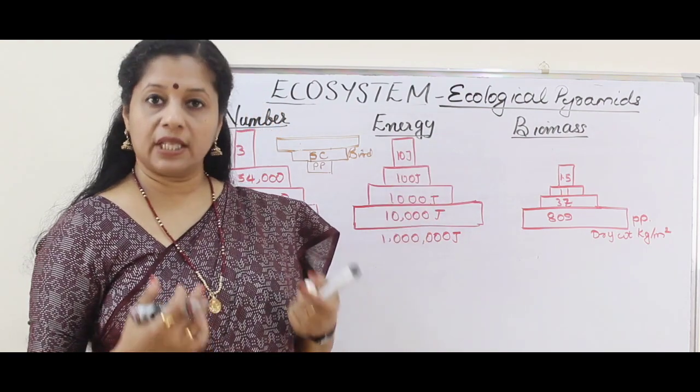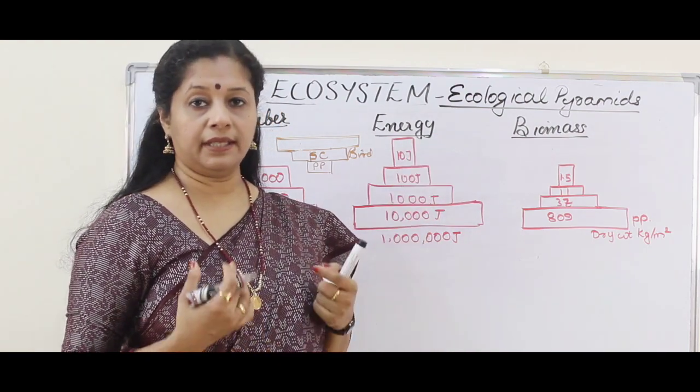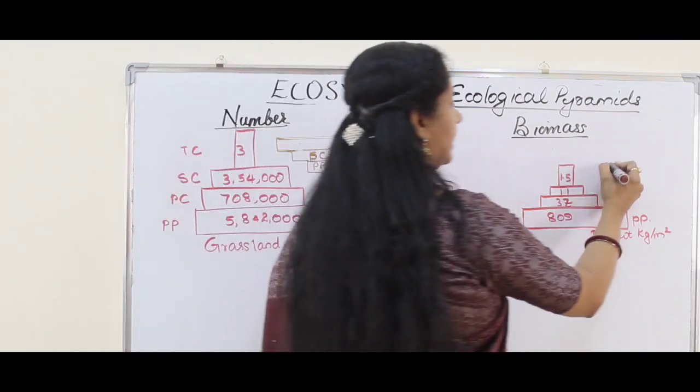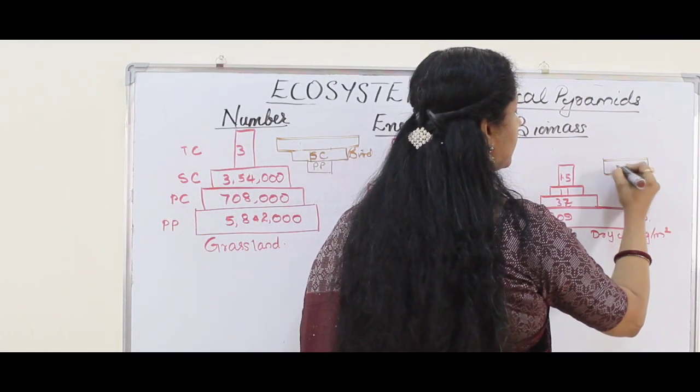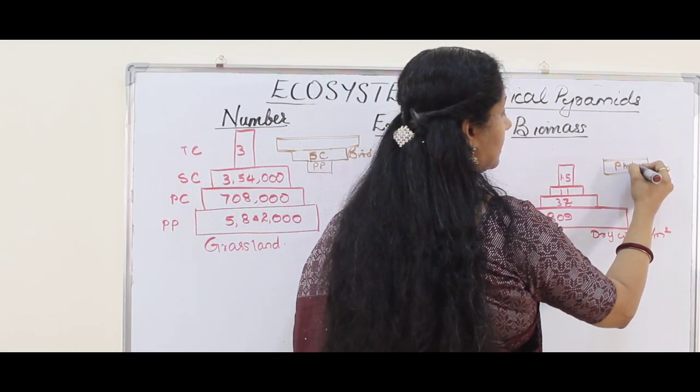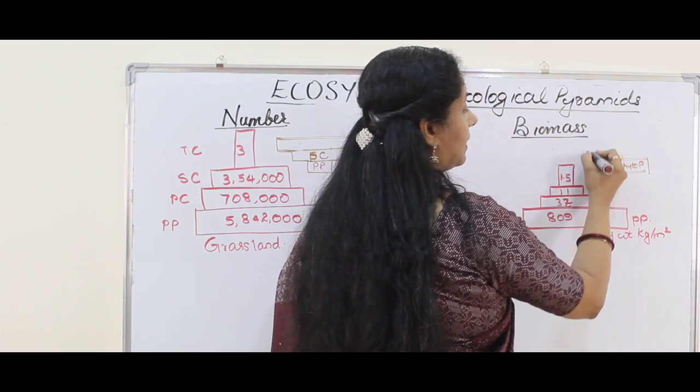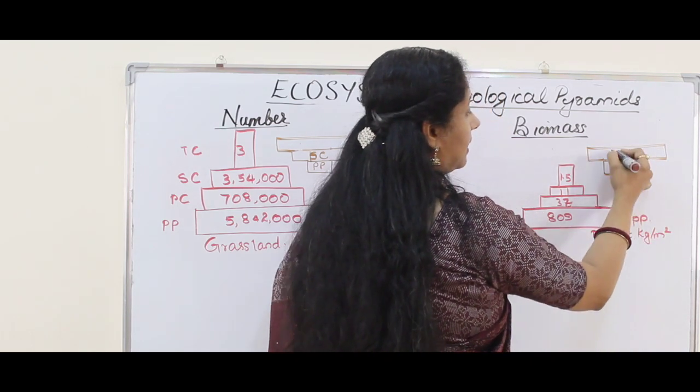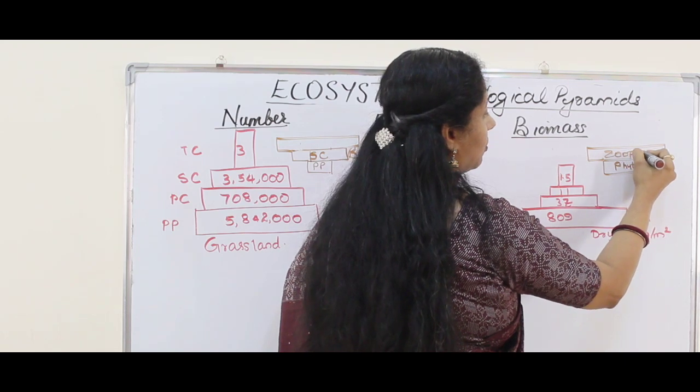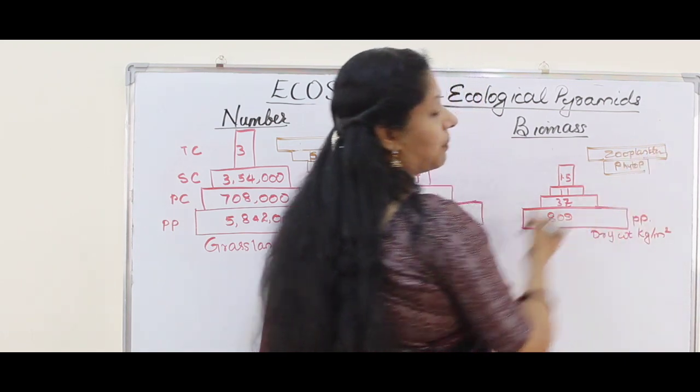But in biomass also there can be exceptions. If you look at the biomass in a sea, the producers are phytoplanktons. These phytoplanktons have biomass, but the zooplanktons will have more biomass than the phytoplanktons.